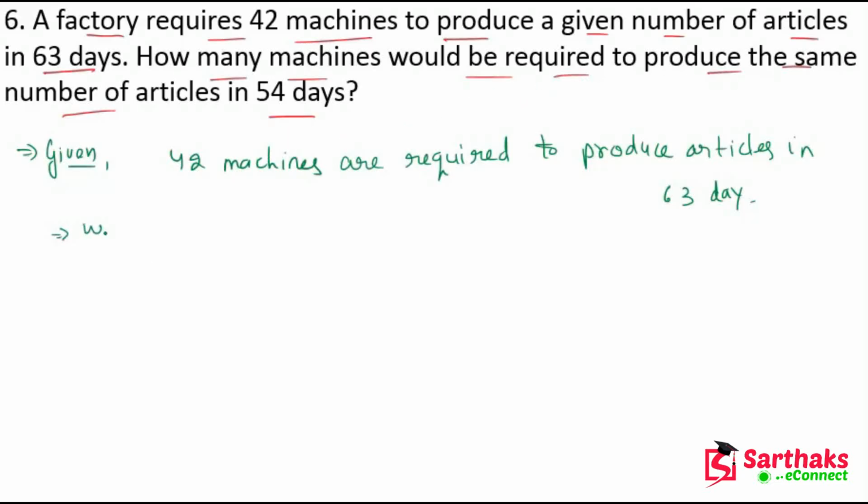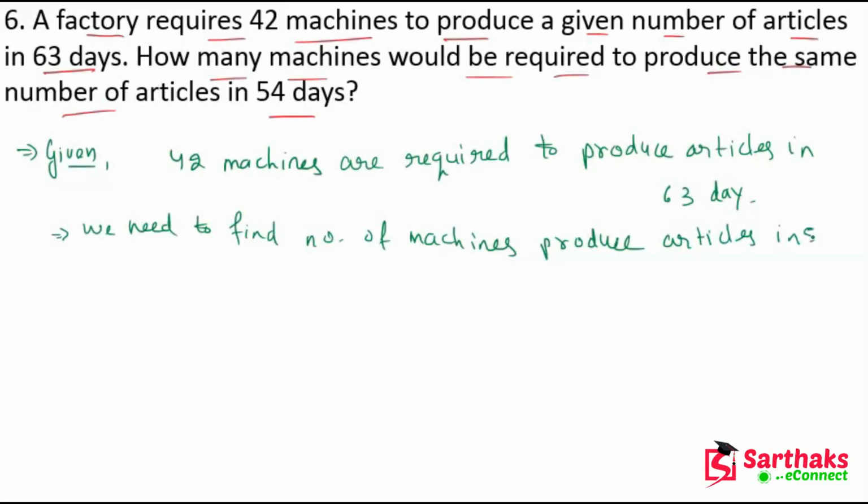So here we need to find the number of machines which produce articles in 54 days. So this is very easy. Now how can we find it? Let the number of machines be x.